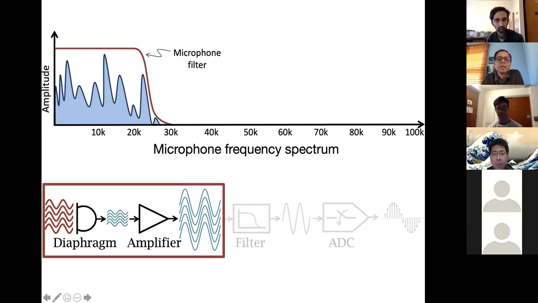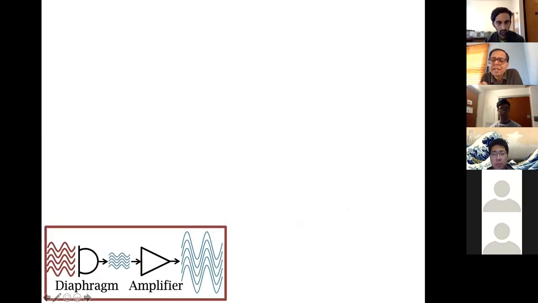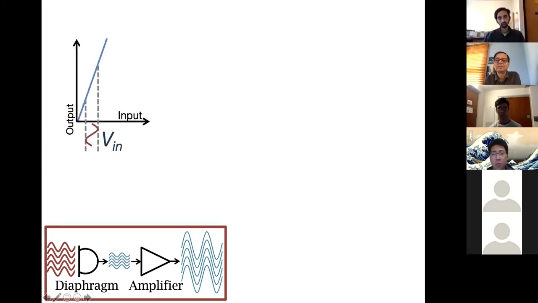Very good. Now, if you look at this red box, which is the diaphragm and the amplifier together, these things have to be designed a little bit carefully. Why? Because if you put some random frequencies onto this hardware, it's not going to do what it's supposed to do. It operates the correct way only in a particular frequency band. Only in the human audible frequency band, this diaphragm and amplifier are designed to be linear.